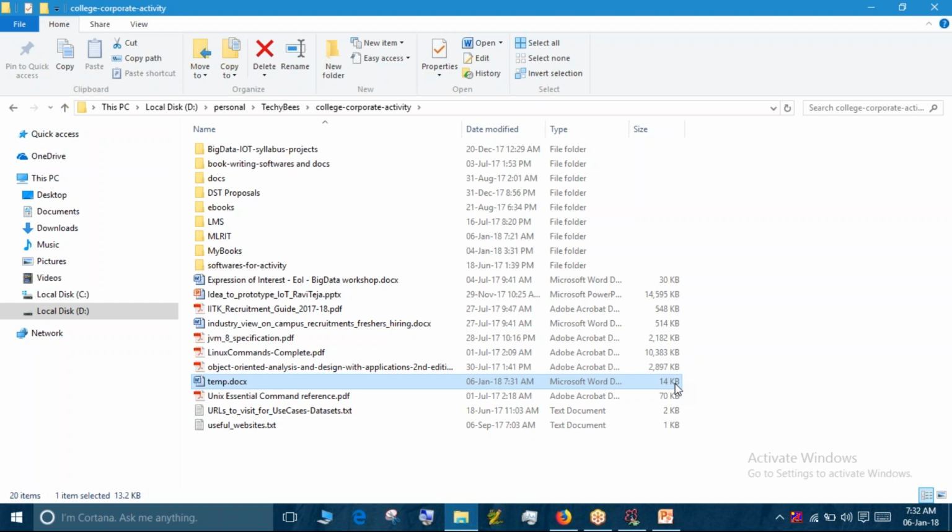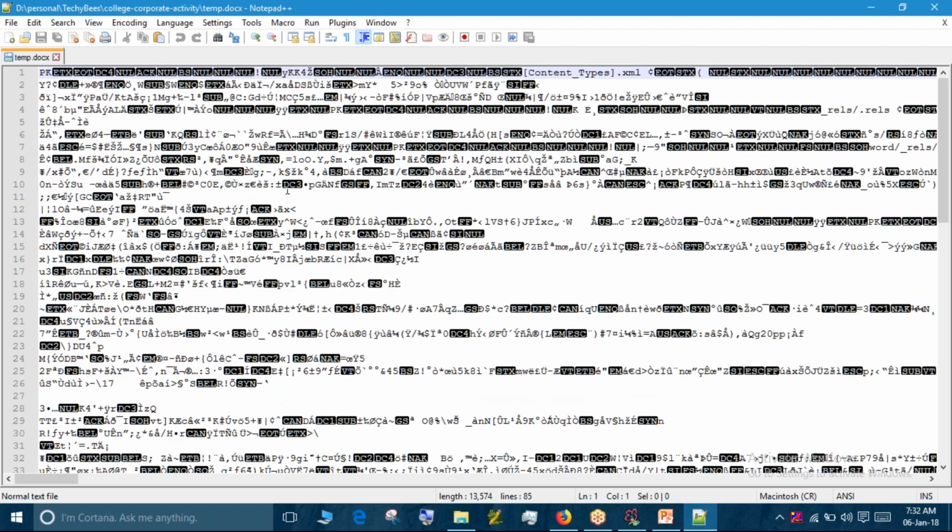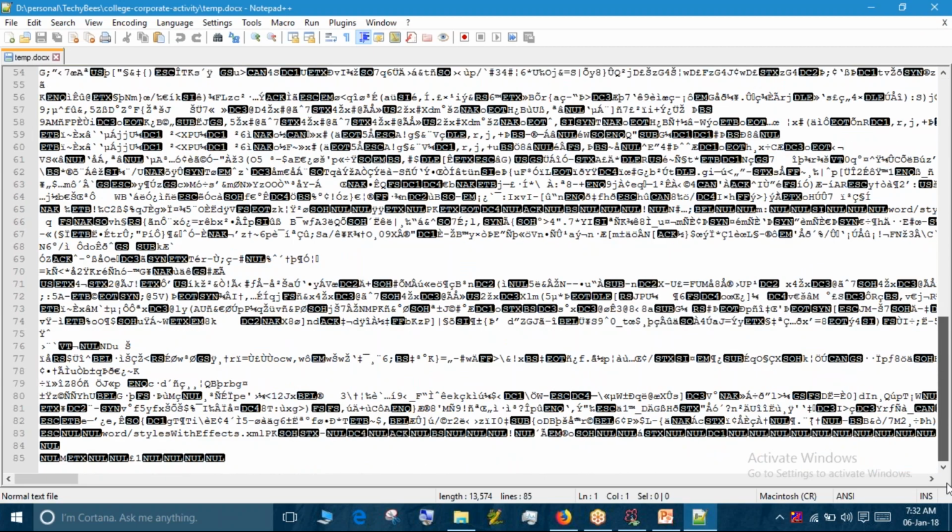But if you see closely, every file not only contains your actual data, it also carries metadata. Oh, okay, yeah. And you open this file with Notepad, I assume. My actual data is A. Somewhere it is there.